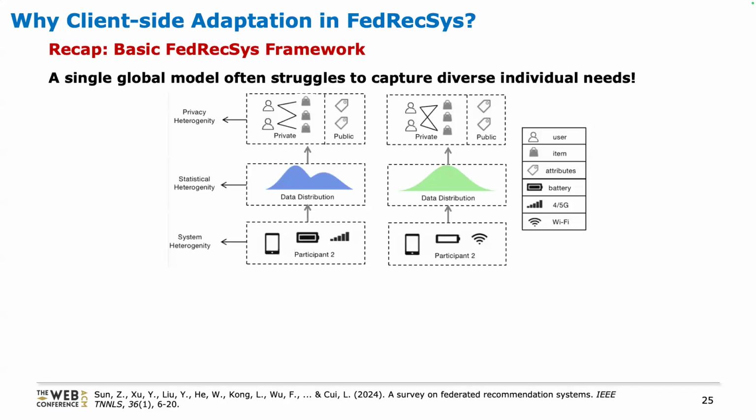However, this standard approach faces a significant hurdle: the inherent heterogeneity of user data, often referred to as the non-IID data problem. Unlike data in traditional centralized systems or even some other distributed settings, user data in RecSys is fundamentally personal and diverse.